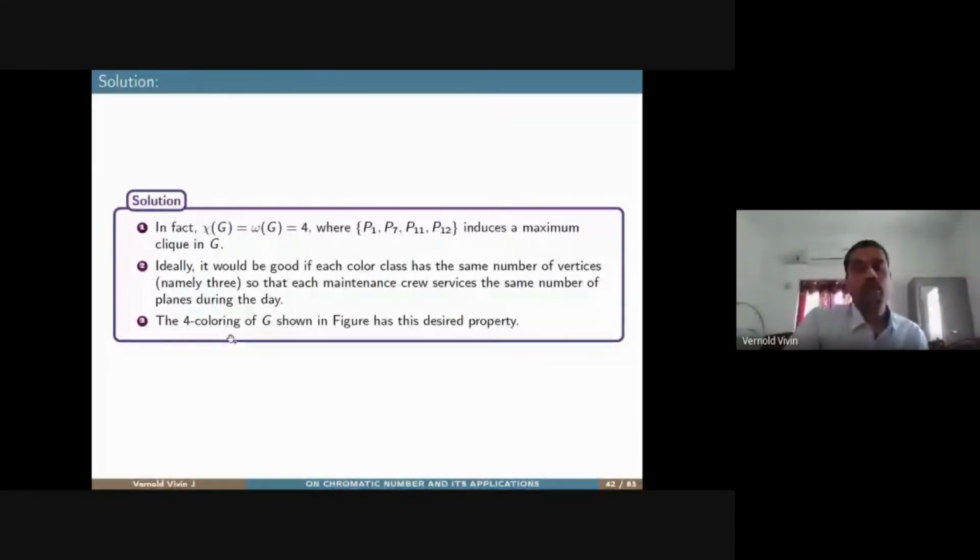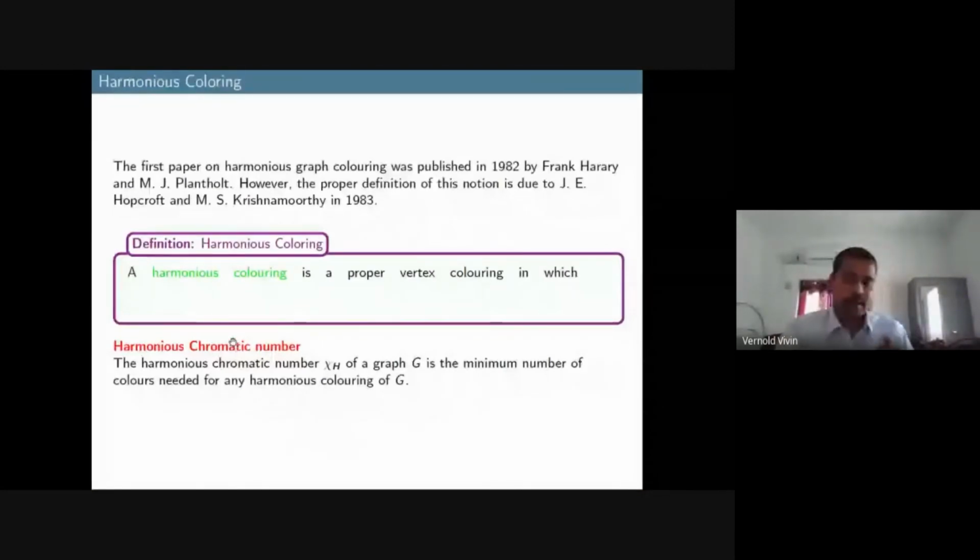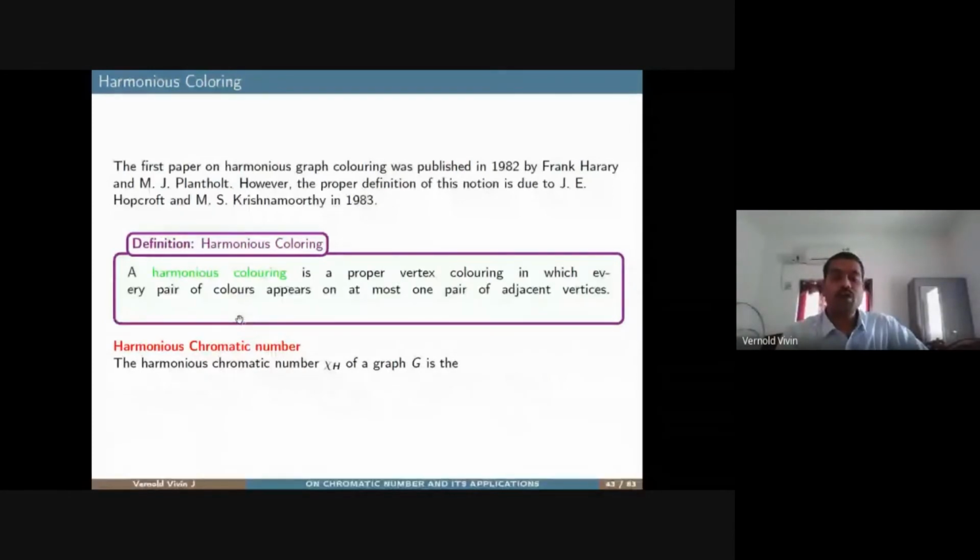Next, one more application. Now I go on to the other topic, called the harmonious chromatic number. A harmonious coloring is a proper vertex coloring in which every pair of colors appears on at most one pair of adjacent vertices. Earlier we have seen simple graph colorings. Now we are going to see this harmonious coloring.